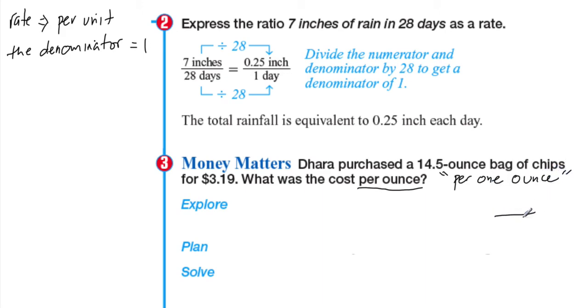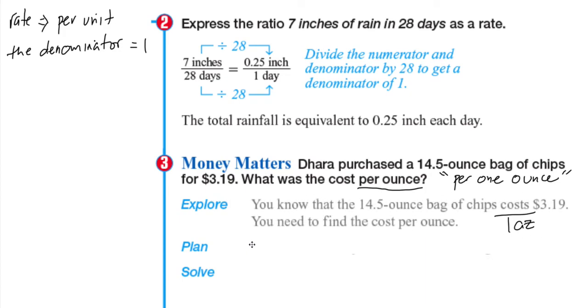That means your denominator would be 1 ounce.